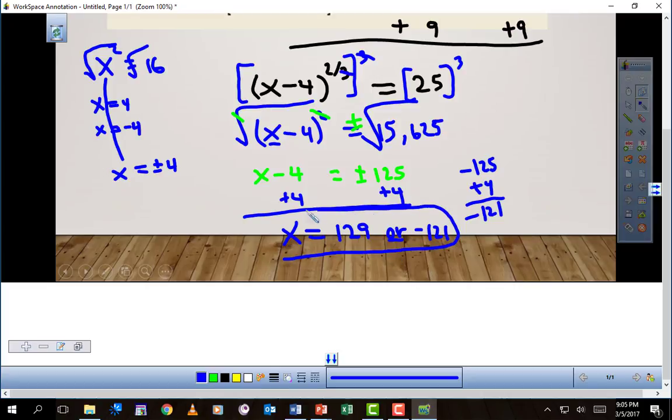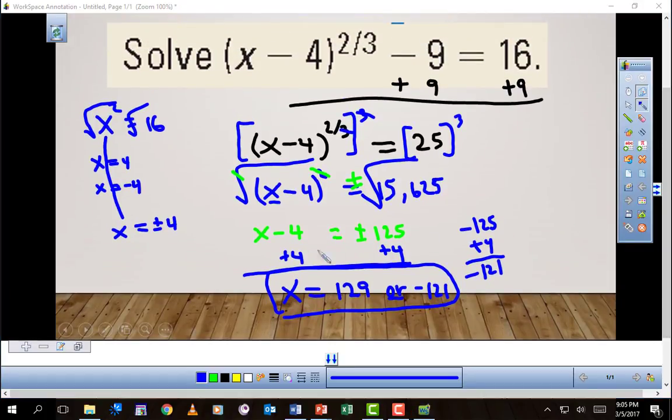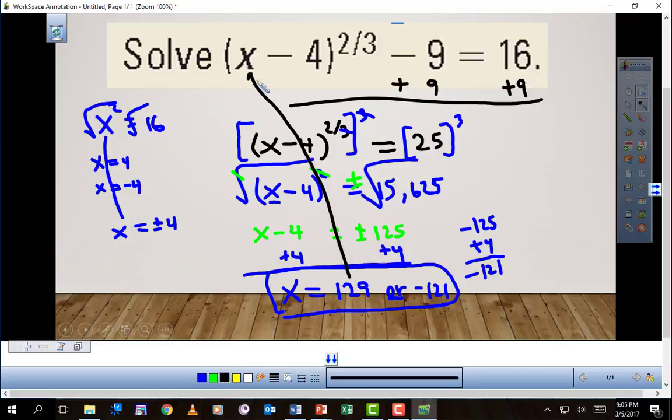Okay, so now before we go much further, we should check and see if these answers would work in the original expression up here. And if they don't, we have to eliminate them from our list of answers here. So if I take 129 and I substitute it in right here, I would get 129 minus 4, which would be 125.